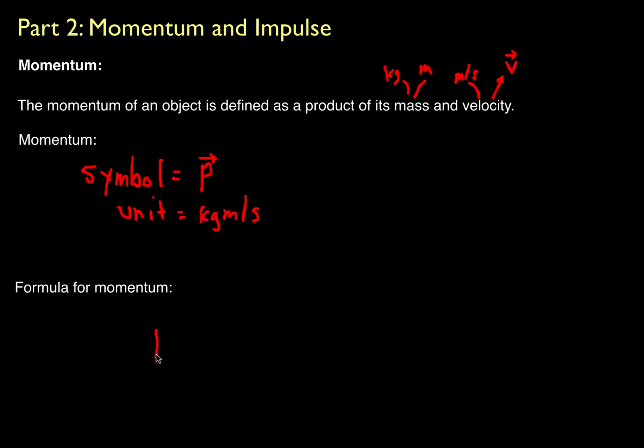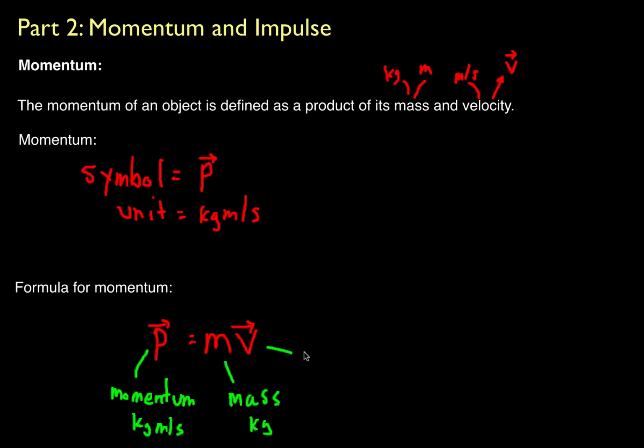The formula for momentum is p equals m times v, where p is momentum measured in kilogram meters per second, m is mass measured in kilograms, and v is velocity measured in meters per second. The direction of the velocity will be the direction of the momentum.